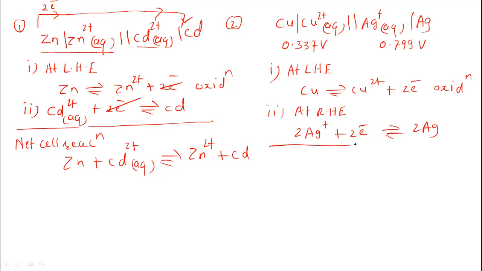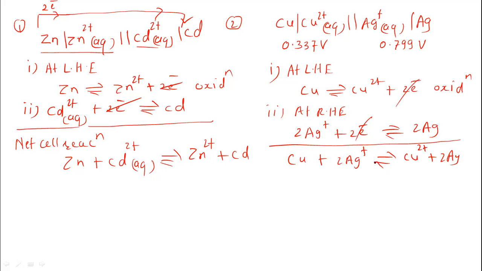Now the net reaction is the addition of the two reactions, and the electrons get cancelled here. Copper reacts with two silver ions, and there is a formation of copper dipositive ion and two silver metal.